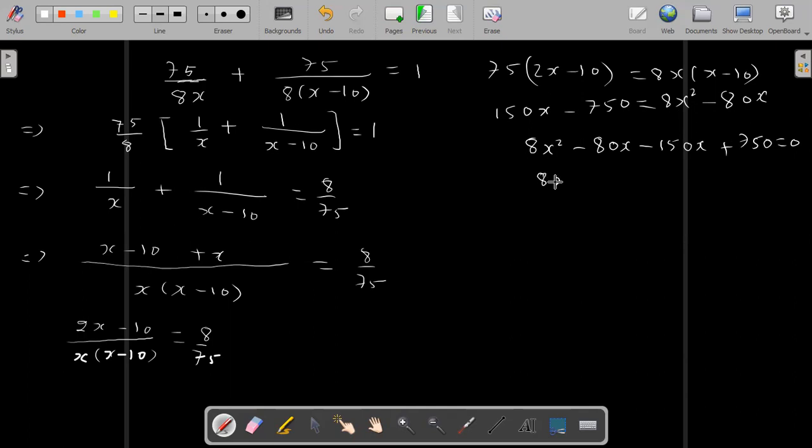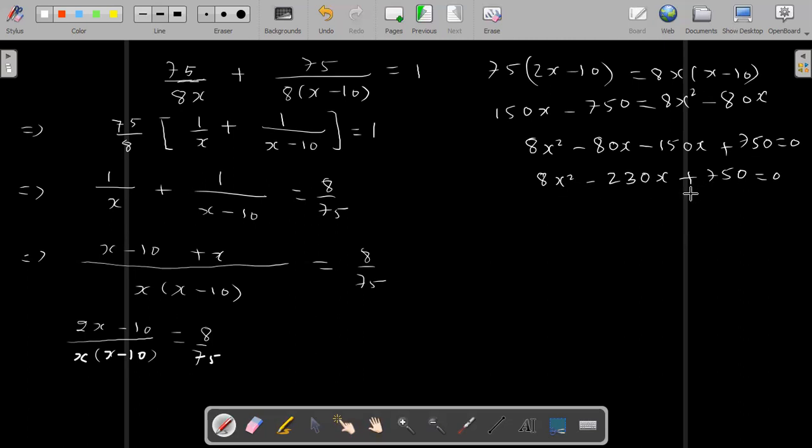So it will become 8x square minus 230x plus 750 is equal to 0. And if the equation is divisible by some number, we can divide it.